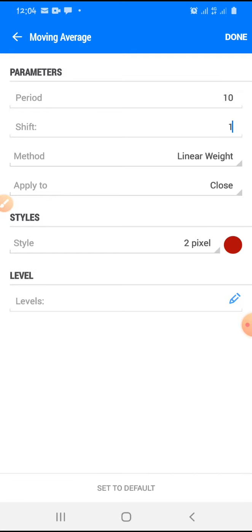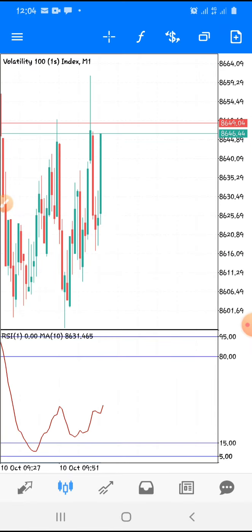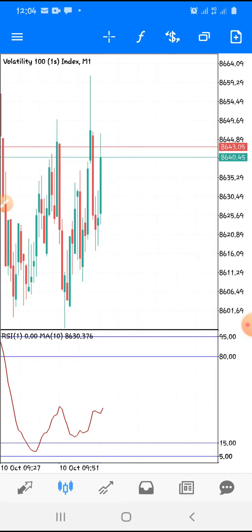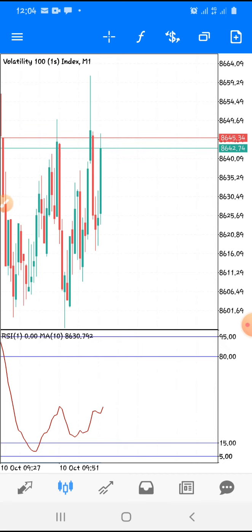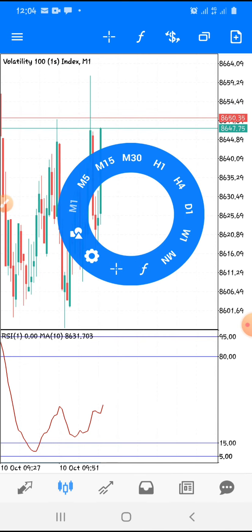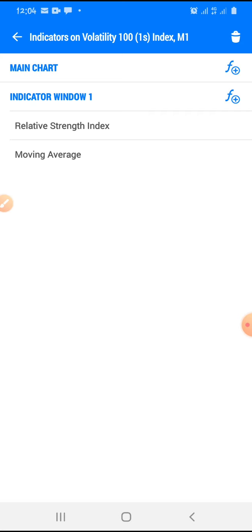Here we will leave it as it is. There will be no levels added. So we click done. So this is what you're going to see on our moving average linear weight method. So again, you click on the main chart where you click the frequency.